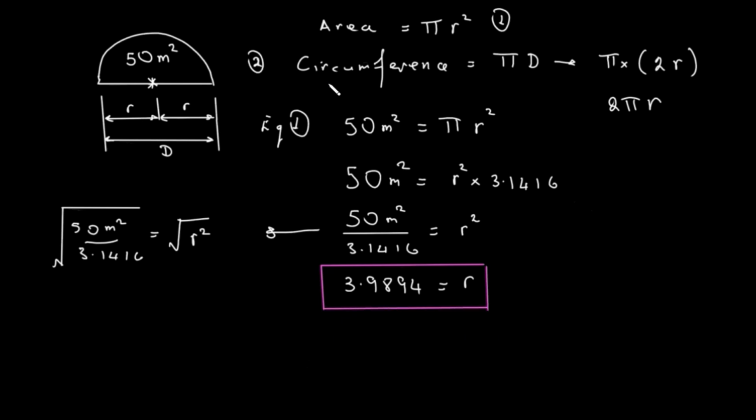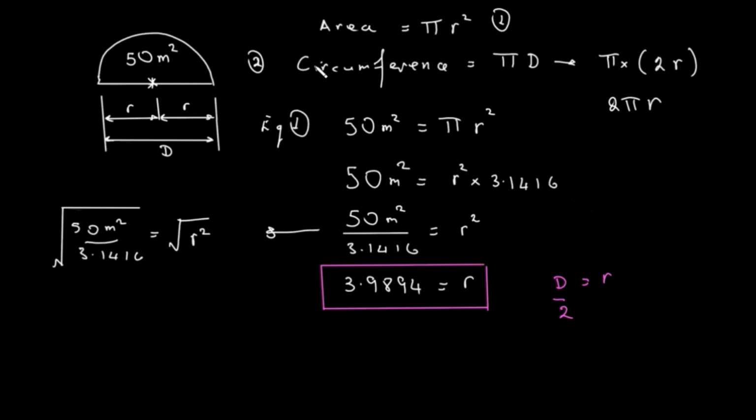We've got part of what we need. The radius is half the diameter, so D over 2 equals r. So we can find D. But don't forget, that's the circumference of a whole circle.